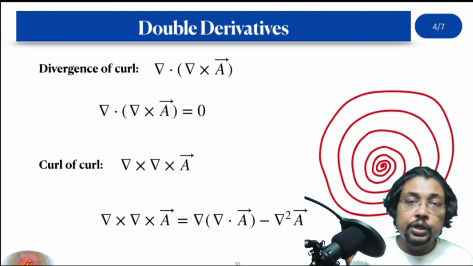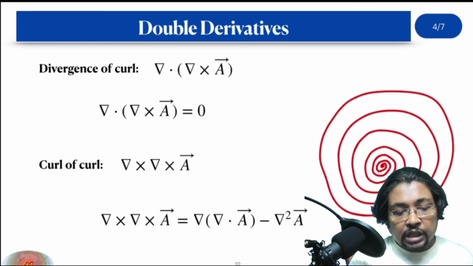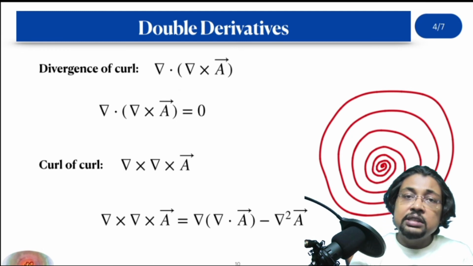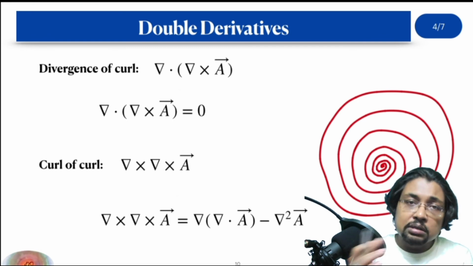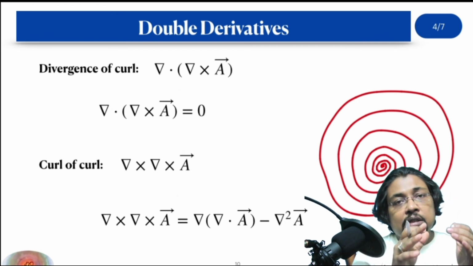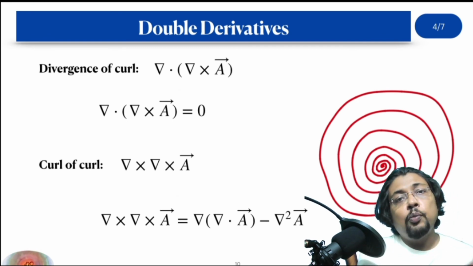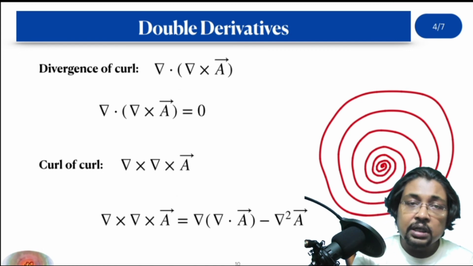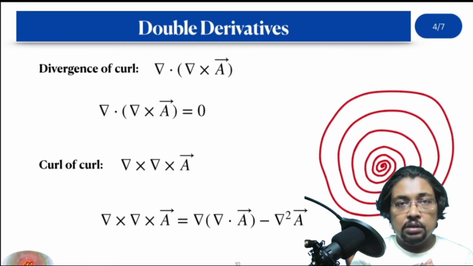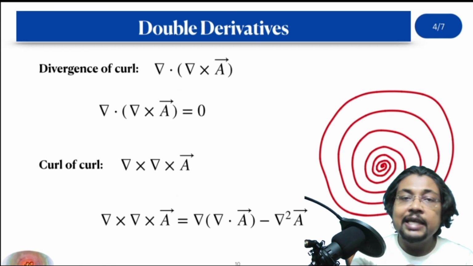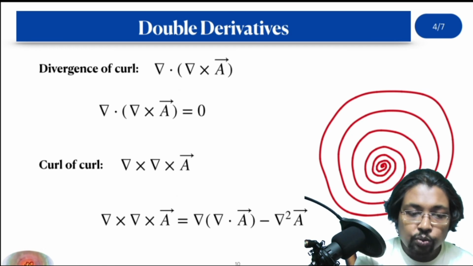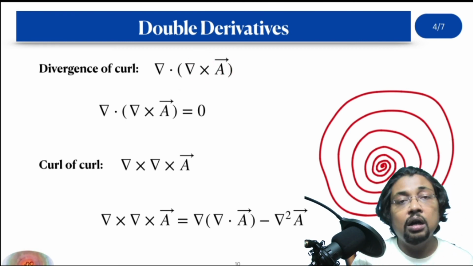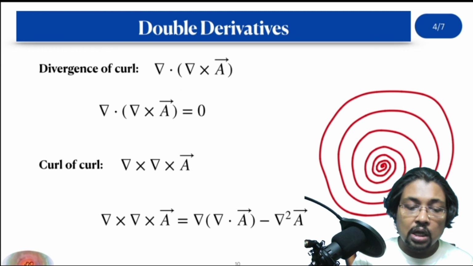I will show you later, in a later lecture. So if the vector gets diverged and is curling simultaneously, we can separately define its curl and its divergence. But if a vector is purely curling, or purely rotating, it cannot diverge. So that's why the divergence of the curl of a vector A is always equal to 0.